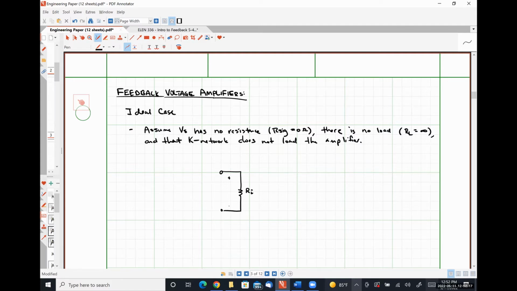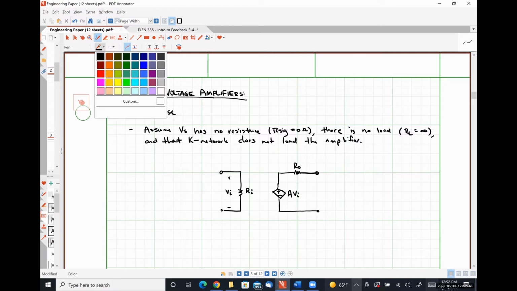I'm going to have some input voltage, Vi. And so that's the input side of my open loop circuit. The output side of my open loop circuit is going to have my open loop gain multiplied by my input signal, and typically characterized by some output resistance R0.